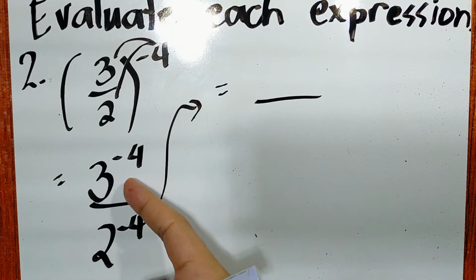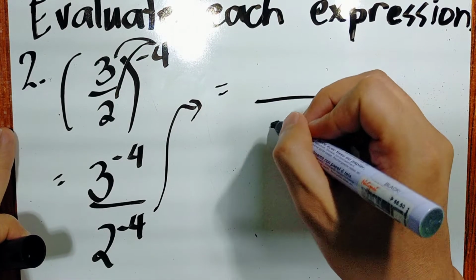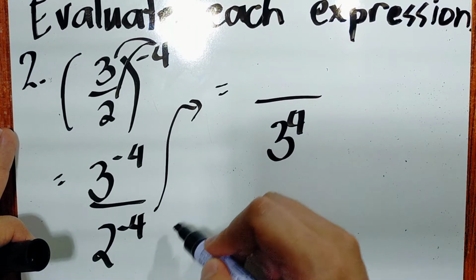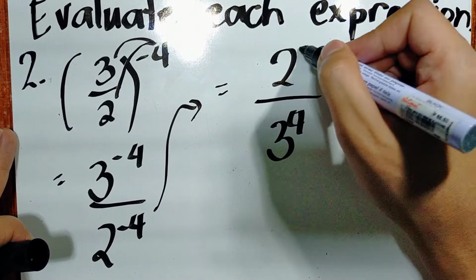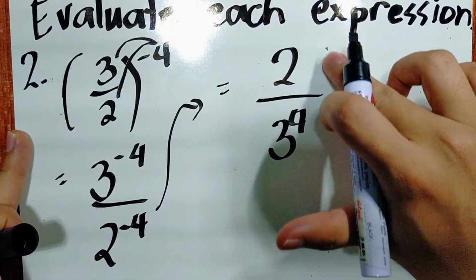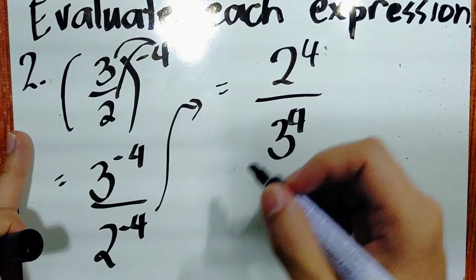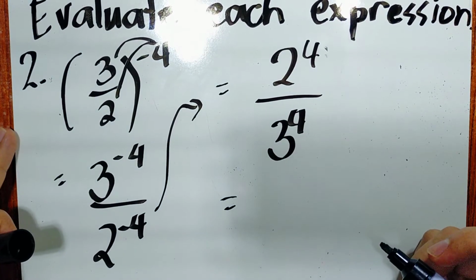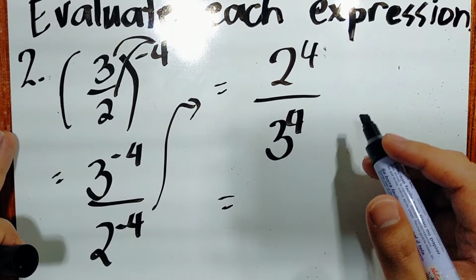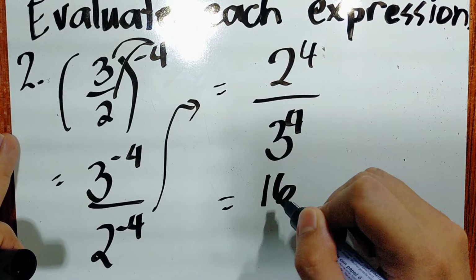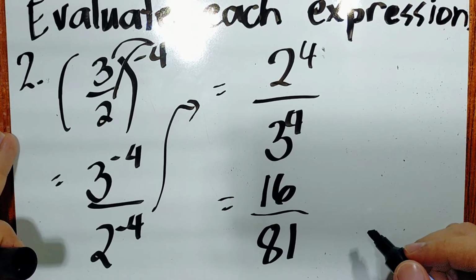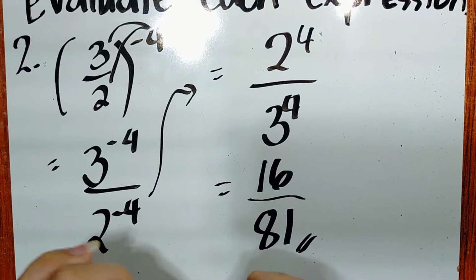So, yung 3 raised to negative 4, ilalagay natin siya sa baba. Yung 2 raised to negative 4, iaakyat natin ngayon. And that would be 2 raised to positive 4. Okay. So, i-evaluate na natin siya. And this will be 2 raised to 4 is 16. And 3 raised to 4 is 81. And that is the final answer.